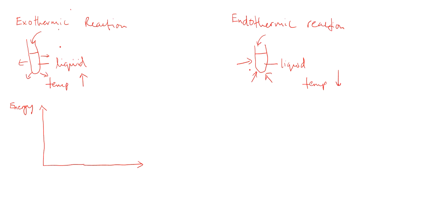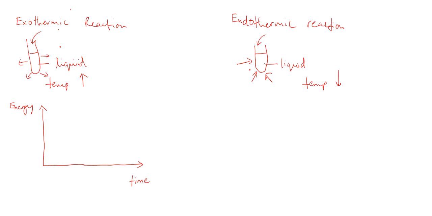Okay, so here's the common mistake that students make. When they go to draw an energy profile diagram, they put energy on the vertical axis and they put time here, right? CXC says this every time they ask a question like this. It is incorrect for us to put time.